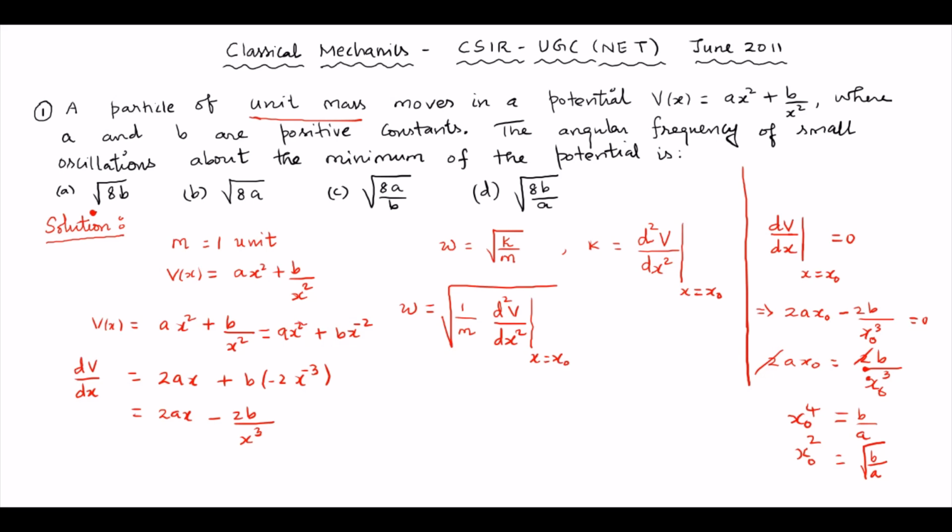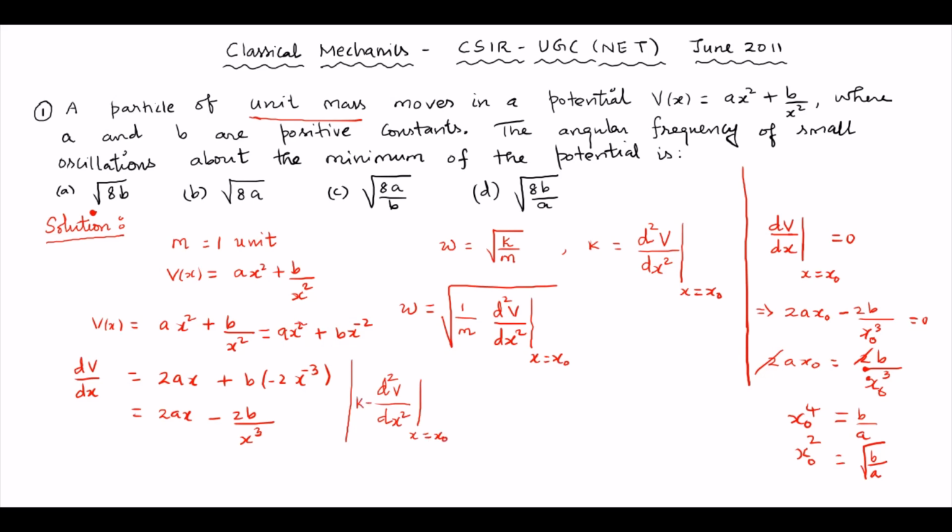Now we have to calculate the second derivative of this potential. The second derivative d square V by dx square, at x equal to x naught, is equal to k.